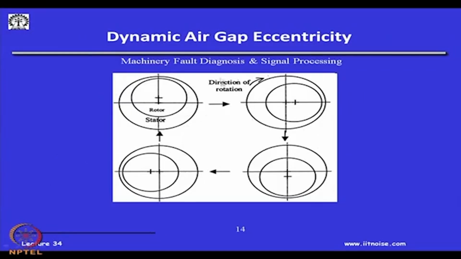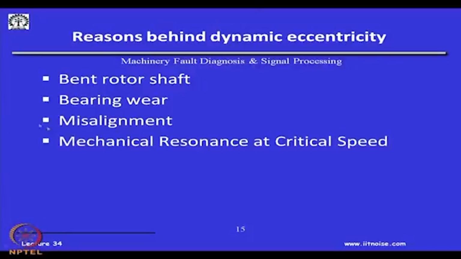Similarly, when it is rotating, I will have a dynamic air gap eccentricity. The eccentricity is moving with time, you can see how this thing is moving. This could be because the shaft is bent, so it is wobbling. So, one is the bent rotor shaft, other is the bearing wear, there could be misalignment, there could be mechanical resonance at critical speed, though a good motor designer would have ensured that the operating speed is not at its critical speed or much away from the critical speed.